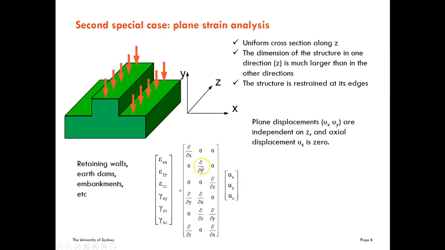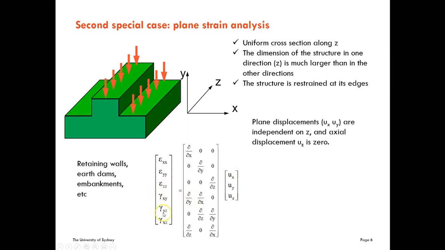This is going to be different from 0, the derivative of uy with respect to y. This one is going to be the derivative of uz with respect to z, but uz is equal to 0, so this one is going to go. This one is going to be a combination of the derivatives of this and this with respect to x and y. So this is going to stay.